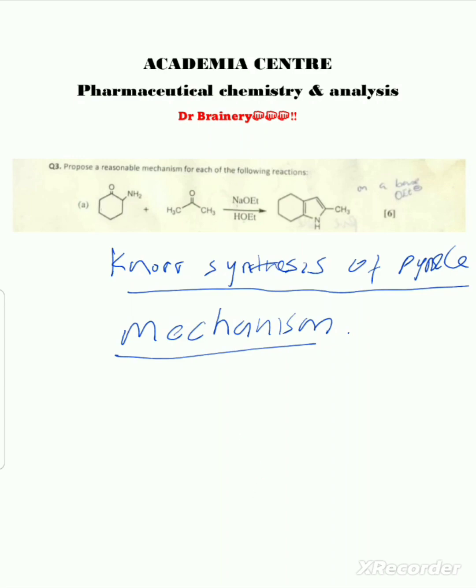Okay, so if you need to know, is it a base catalyzed or acid catalyzed? If it's a base catalyzed, have you seen that this is sodium ethanoate? So what we are going to do is write sodium ethanoate, and it needs to dissociate into sodium with a positive, and this one, which is ethanoate, with a negative here.